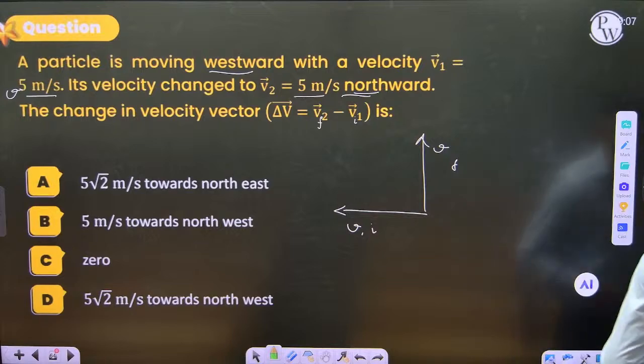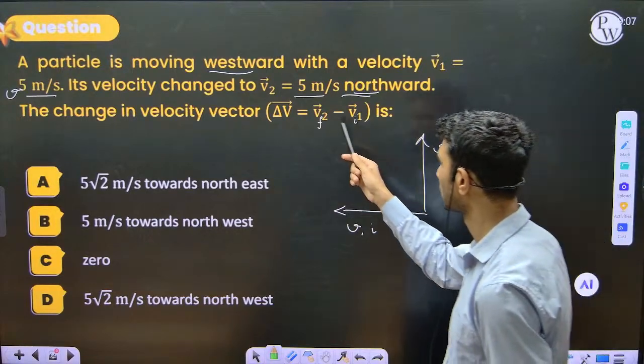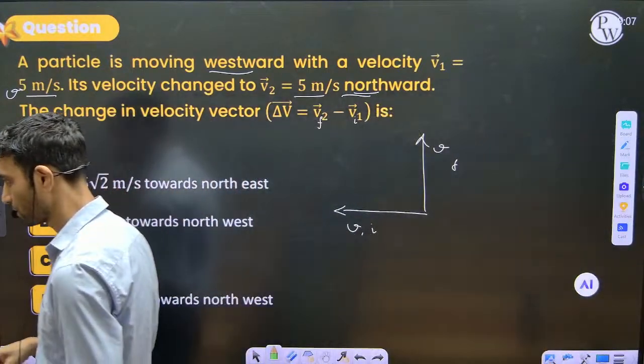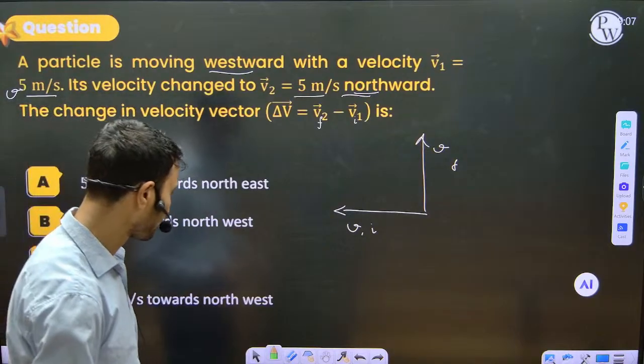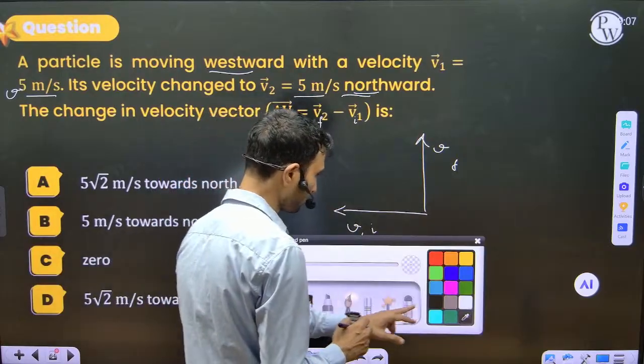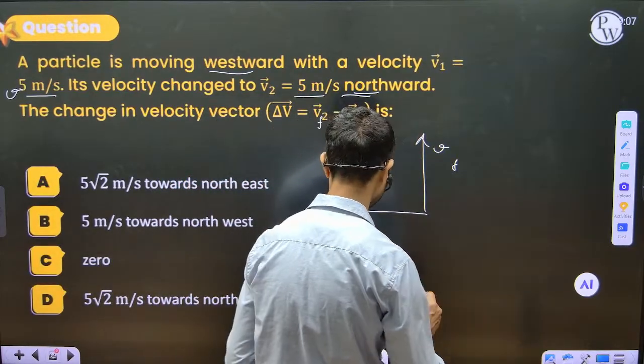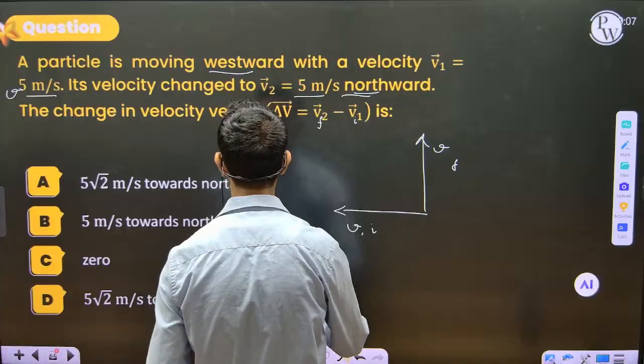So how do you find out the difference v2 minus v1? So we know the formula. What is the formula, guys? We just saw it for subtraction.